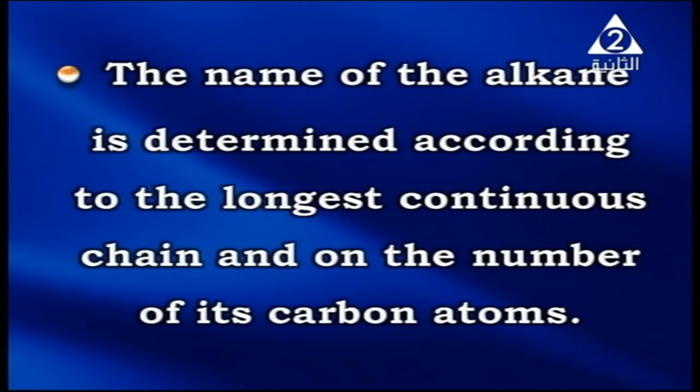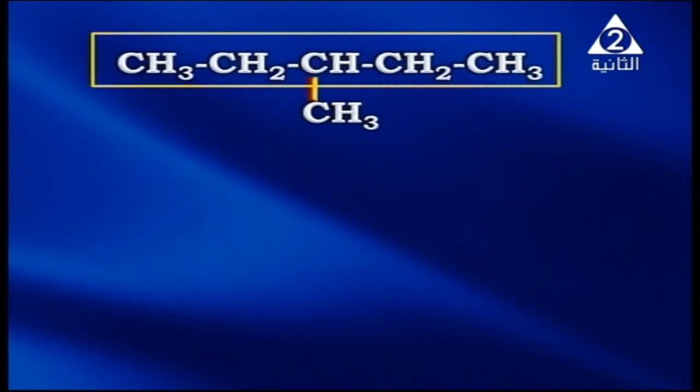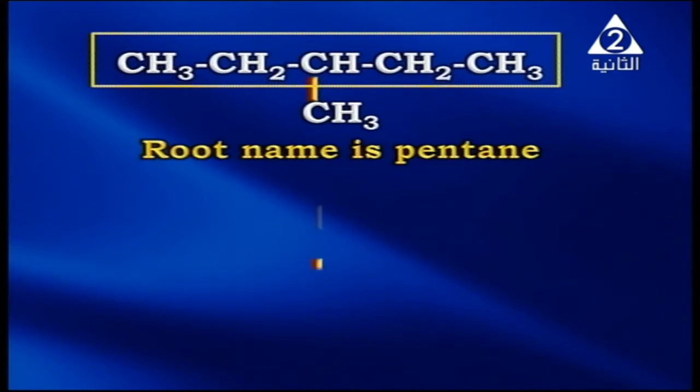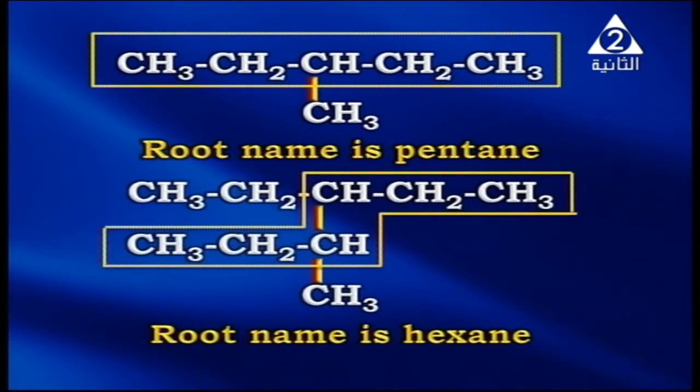Nomenclature of alkanes. The name of the alkane is determined according to the longest continuous chain and the number of carbon atoms in it. For example, as shown on the screen, the root name is pentane, and here the root name is hexane.